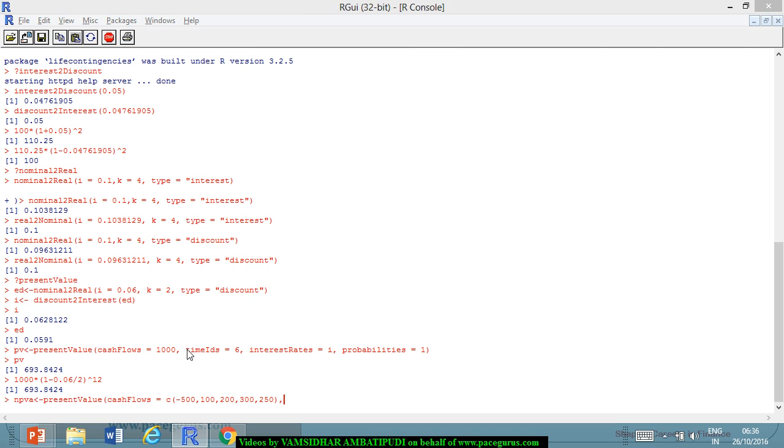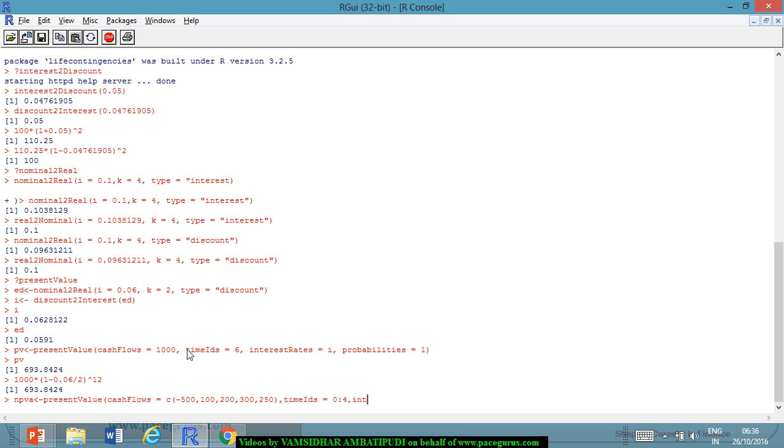Then I have to give the next input as time IDs. I will set it as each of the periods. Because I have given 5 different cash flows, I need 5 different time IDs. Because they are in a sequence, I will give it as 0 to 4, so it will take the values 0, 1, 2, 3, 4.